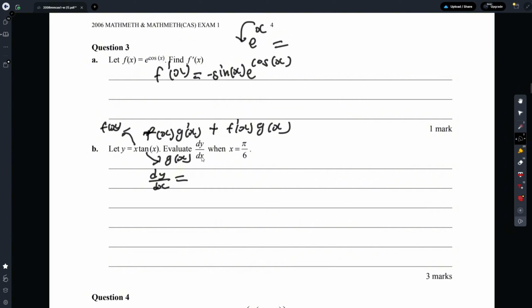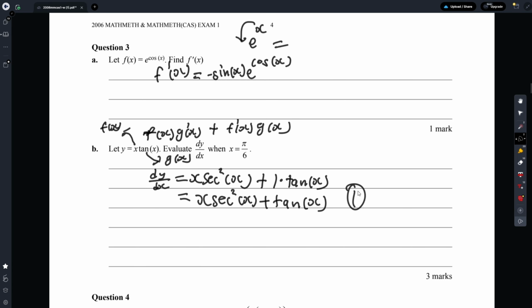By substituting into this rule, we get x multiplied by the derivative of tan x, which is secant squared x, plus the derivative of x, which is just 1, multiplied by tan x. Just simplify this: x secant squared x plus tan x. Okay, this is our first mark.